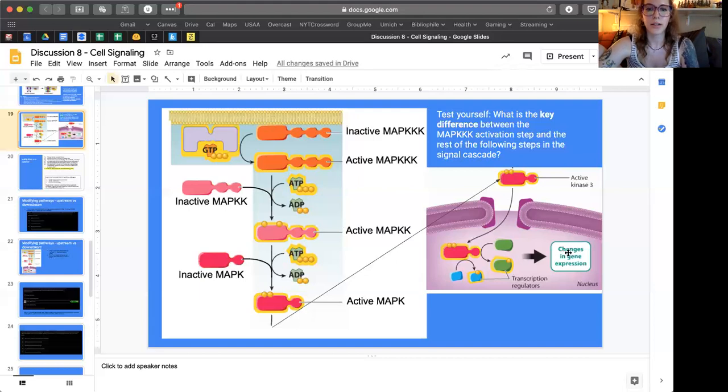Hopefully it should be clear that if we already have active MAPK, it doesn't really matter what's happening before it, because all these steps are trying to do is to get to this activation step. That's the whole function of those previous steps. So if you have a shortcut, essentially a mutation, that's saying we don't even need those extra steps to activate it, it's always going to be activated, you can conceptualize the transduction pathway as starting here.